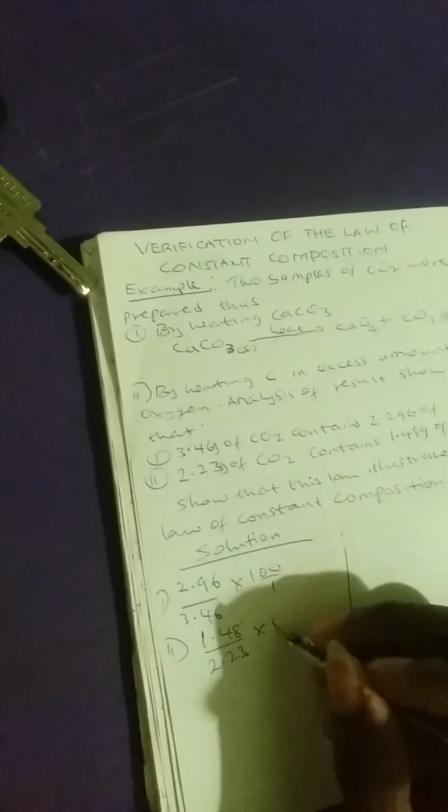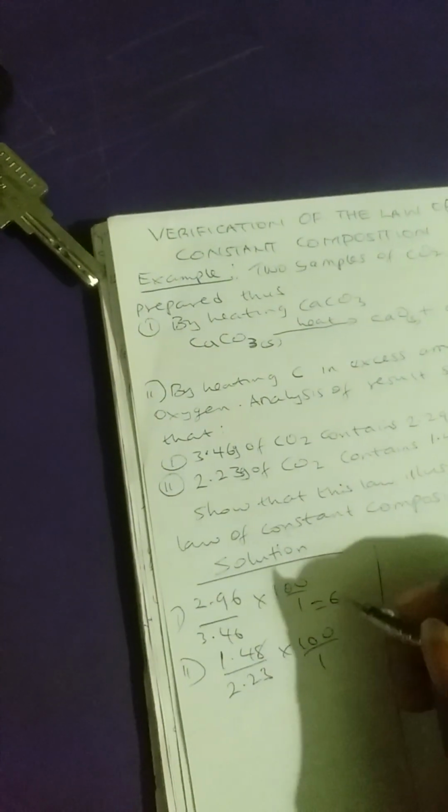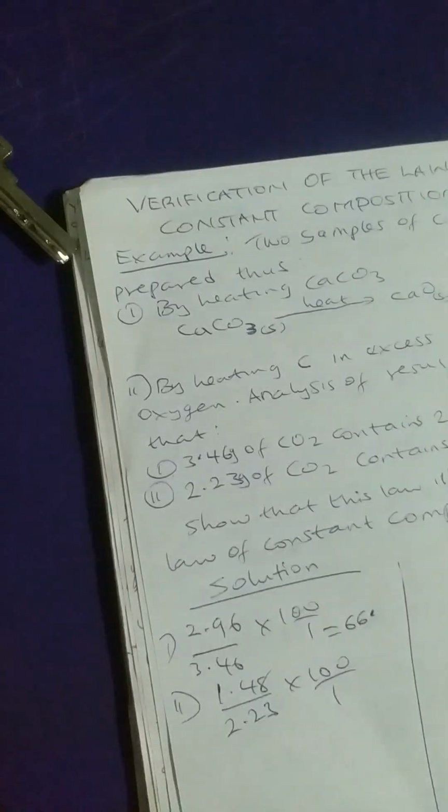That is from information 1. From the second info, we're going to say mass of carbon again, 1.48 over mass of CO2, 2.23 times 100 over 1. Do you understand? Now, if you use your calculator, you should be getting the same answer, okay?